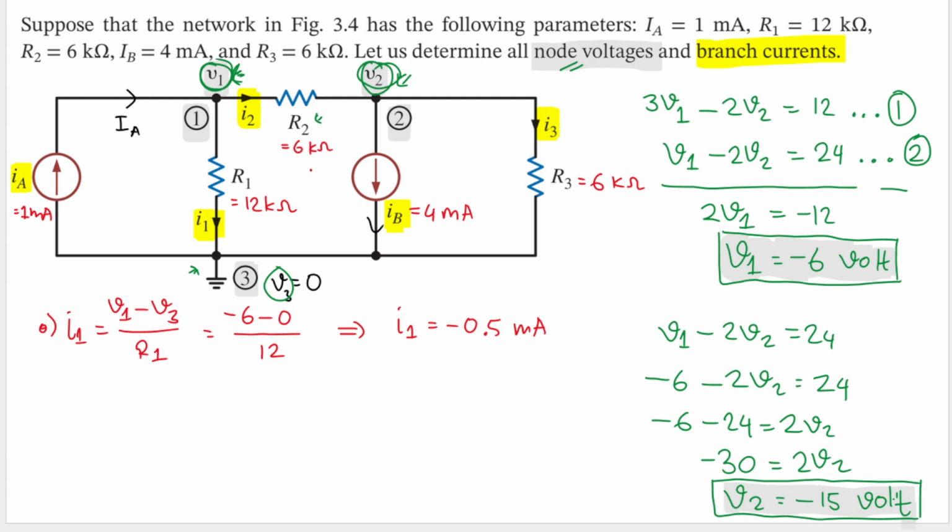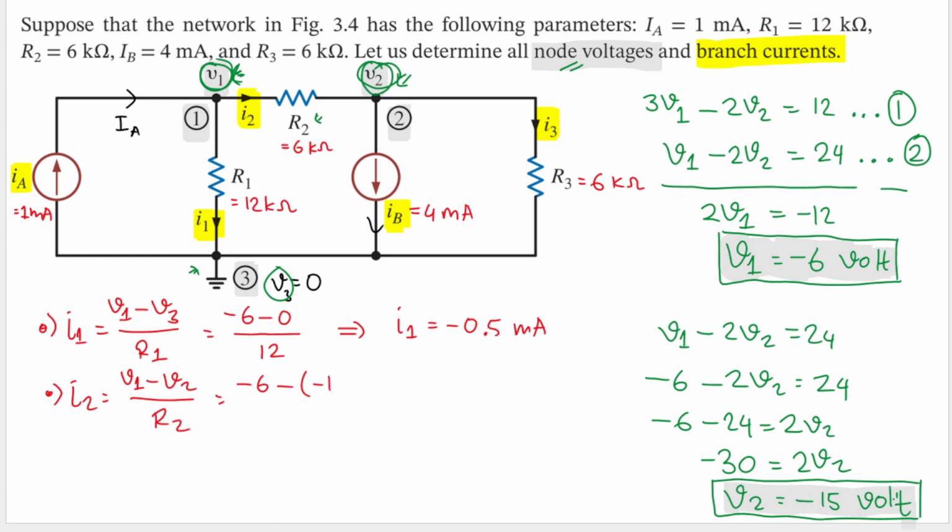Good. Now let's do that for I2. What is I2? I2 is V1 minus V2 divided by R2. What is V1? V1 is minus 6. And then minus V2, which is minus 15.